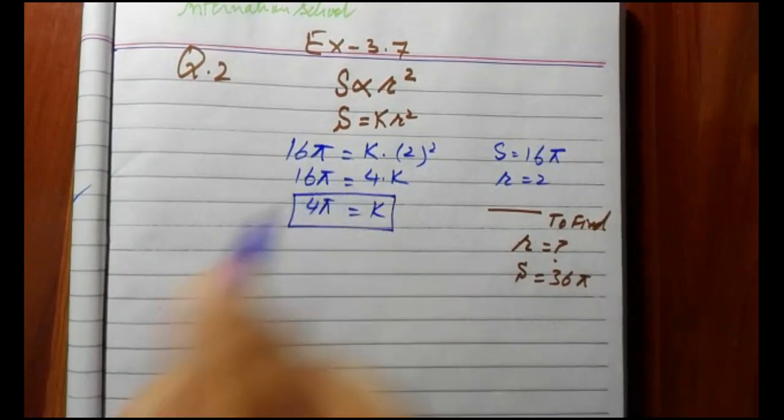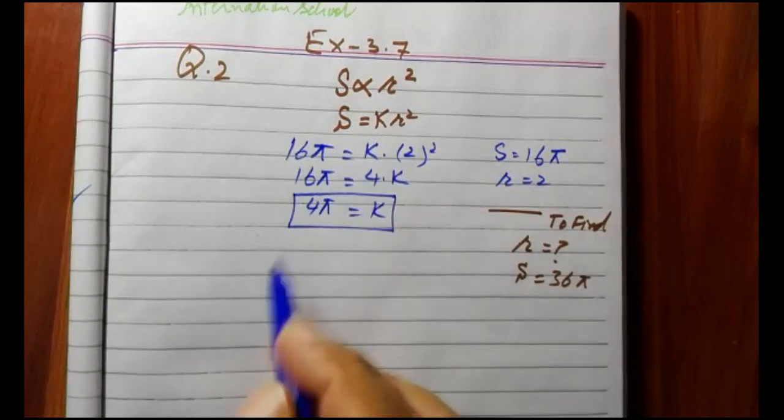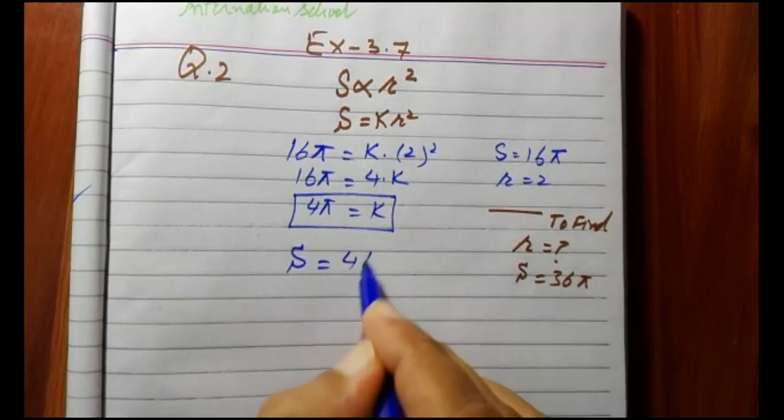Now what will you do, you will substitute this value of K into the above formula that relates radius and surface area together. So once we substitute this value of K, the shape of the formula will become S is equal to the value of K, 4 pi R square. We are substituting the value of K in this relation.